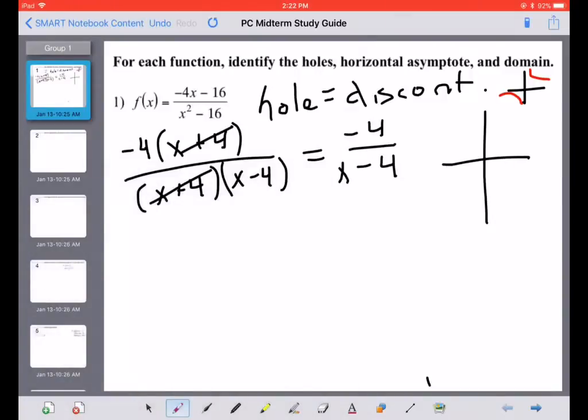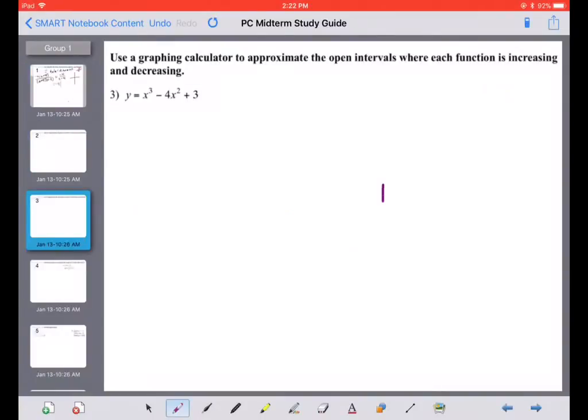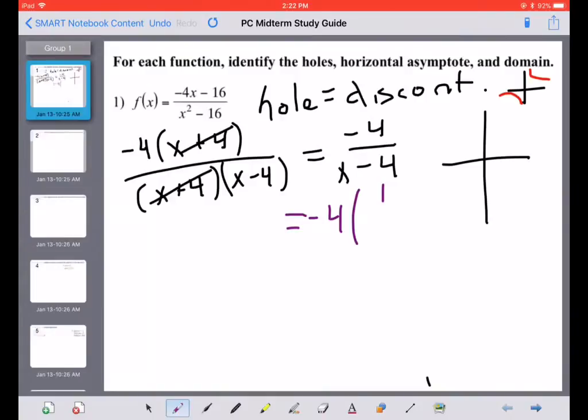And to draw it in a more familiar way, we'd have x minus 4 on the bottom like this, so it looks more like a transformation. That means we would move over to the right 4, and then we would vertically stretch by 4 and reflect across the x-axis. So we would get a graph that looks like this.